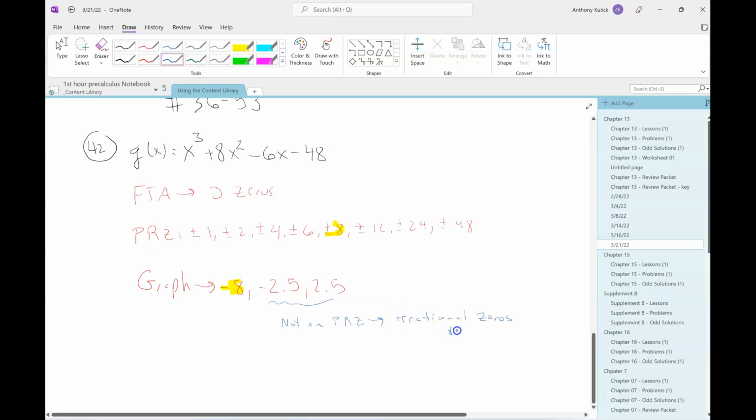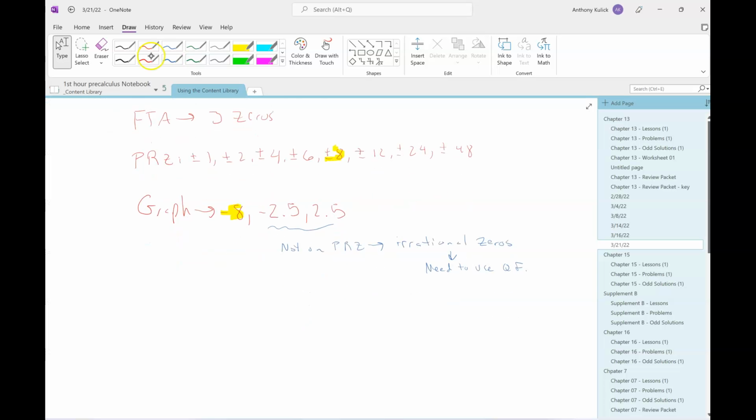The only way we're going to find these is using the quadratic formula. So we know at some point we're going to have to use the quadratic formula to find those irrational zeros. So far, so good?